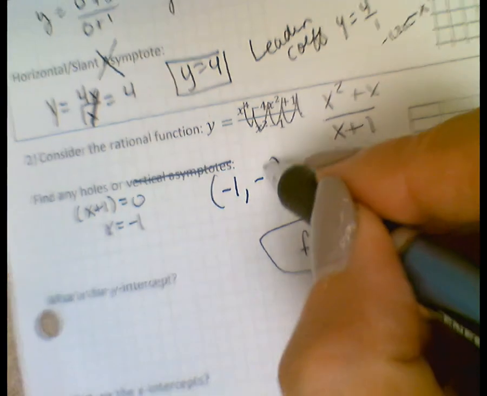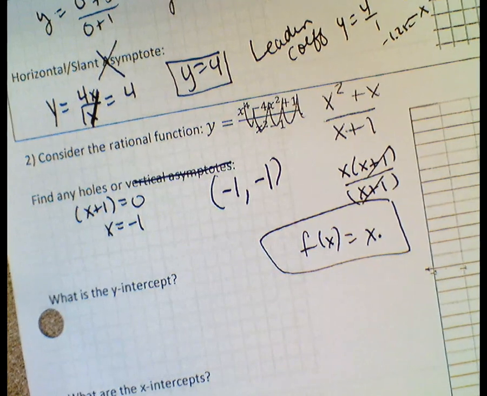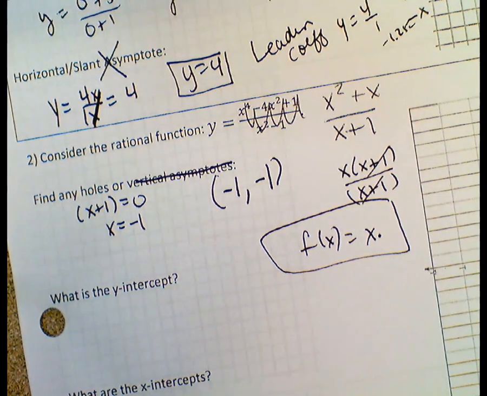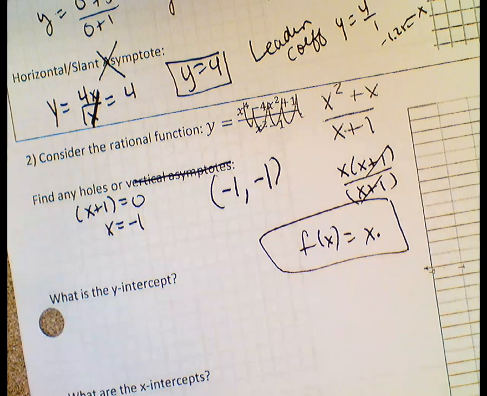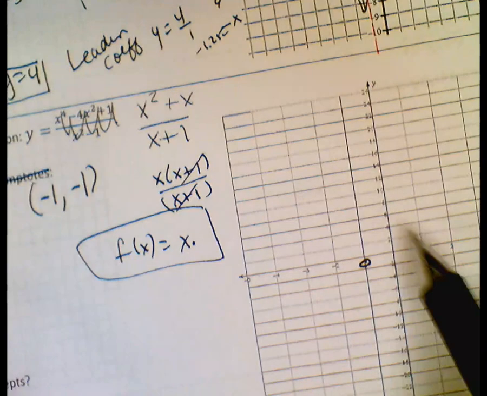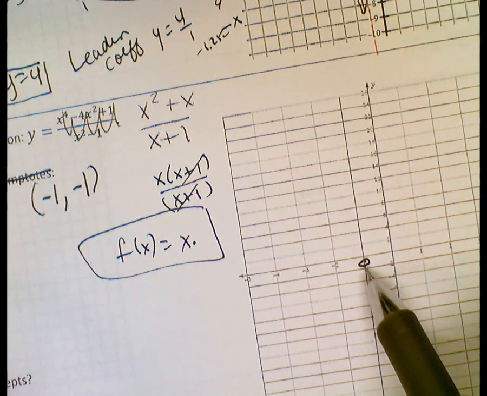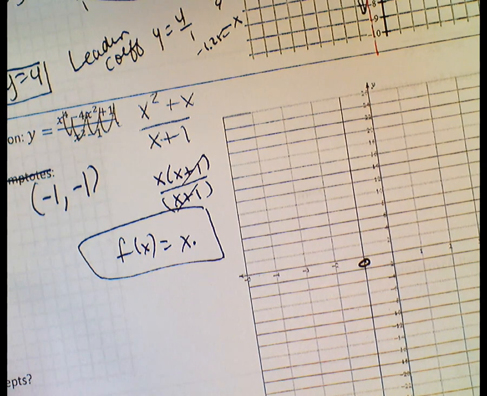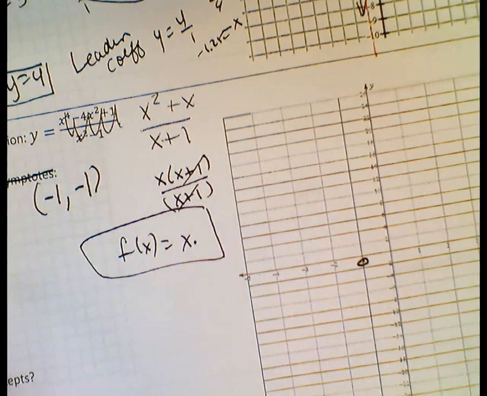So the y-coordinate looks like it's -1. So it looks like about right there. -1's pretty far away, but then this goes by 2's, so it's about halfway down. That's the hole. That's going to be worth 3 points.